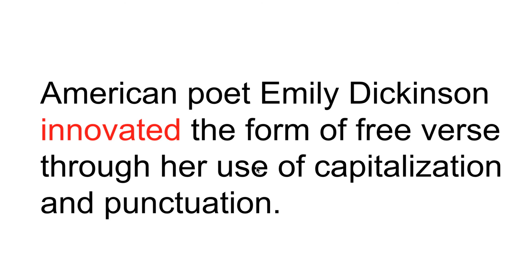And so free verse is a more modern way of writing poems, which doesn't have rules as much. And in the 1800s, when Emily Dickinson was writing, most people did not just break the rules. Poets followed rules. And she innovated, because innovating again is you take something that already exists.